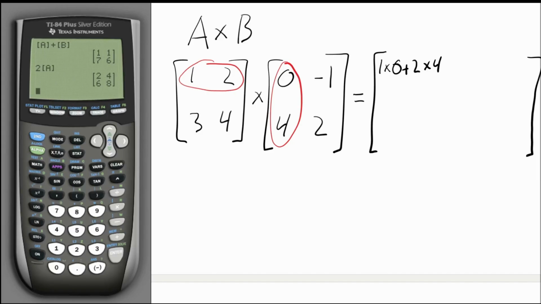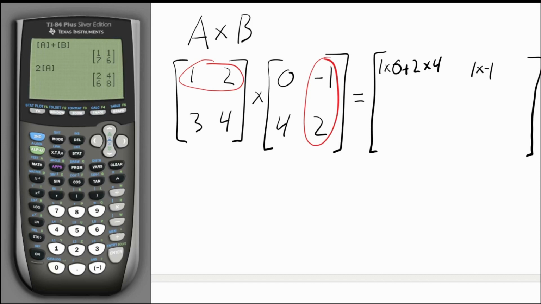Once we've done that, we can multiply the first row of A times the second column of B. So the first element of the row times the first element of the column, so that's 1 times -1.